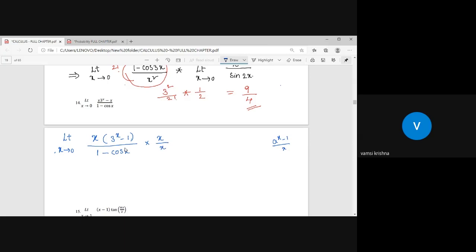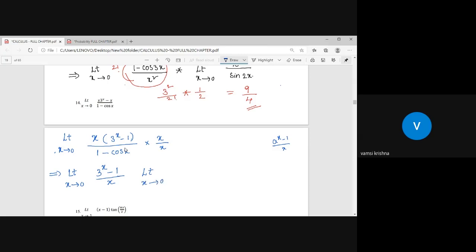Now I want to take some part like limit x tends to 0. Actually, I require this part, 3 power x minus 1 by x. Whatever part I require, first I want to write that one, 3 power x minus 1 by x. And for the remaining part also I can distribute the limit.